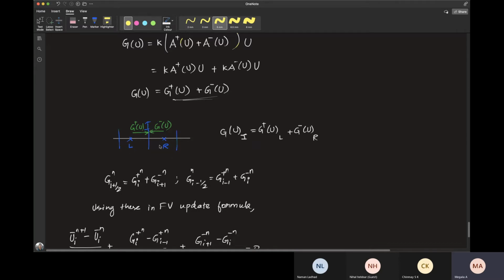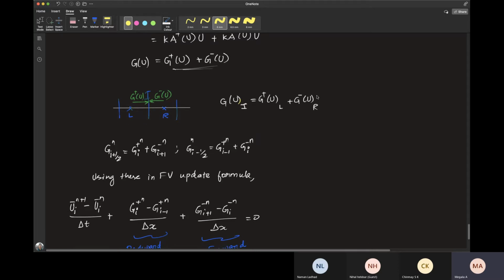Here L is the cell center, and for this cell R is the cell center, and they are both separated by the interface i. To this interface i, we get the fluxes from both left and right sides. From the left side, we only get the positive flux G plus of U, and from the right side, we only get the negative flux G minus of U. So we add them both and put it at the interface. So we get G of U at the interface as G plus at the left cell center and G minus at the right cell center.